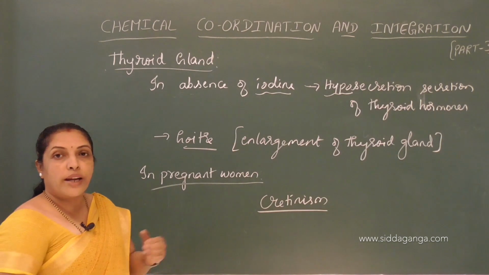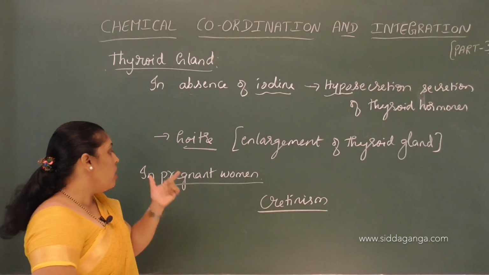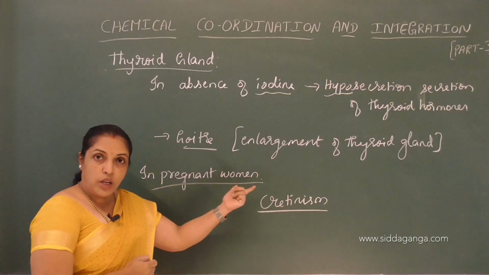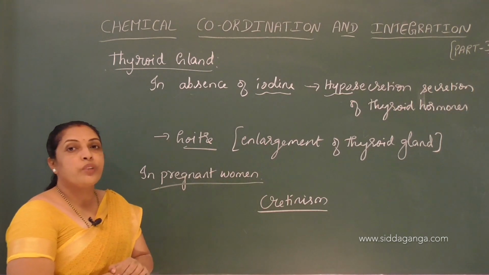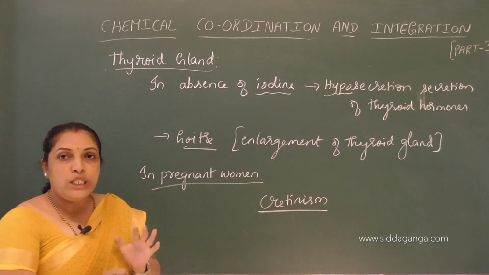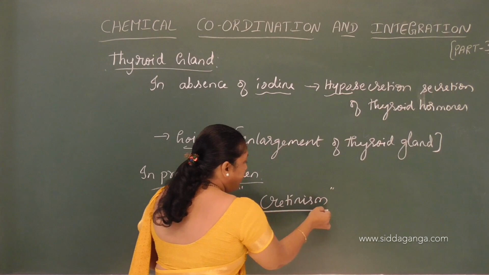You should read your textbooks. Every point is in your NCERT textbook. So hyposecretion of thyroid hormones in pregnant women leads to stunted growth, and that condition is called cretinism.